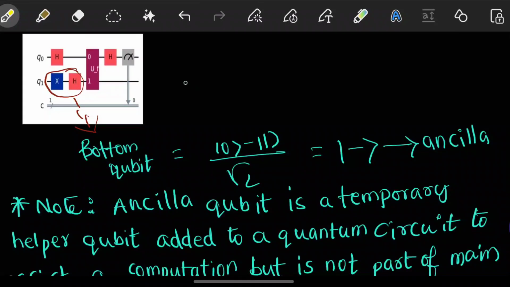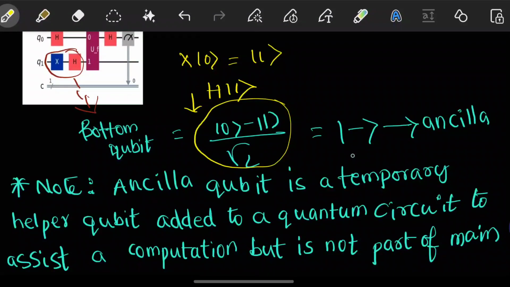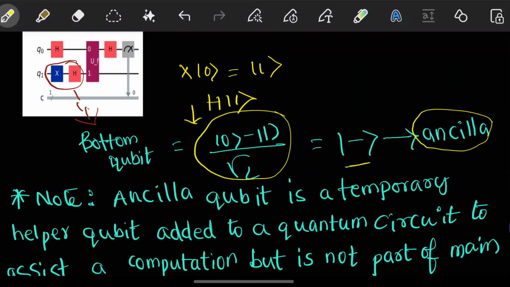First you apply X to ket 0 and get ket 1, and then if you apply H to ket 1, you end up with (ket 0 minus ket 1)/root 2. We represent this as ket minus, that is the ancilla. The role of the ancilla is just to help the actual qubit. There is nothing more than that.